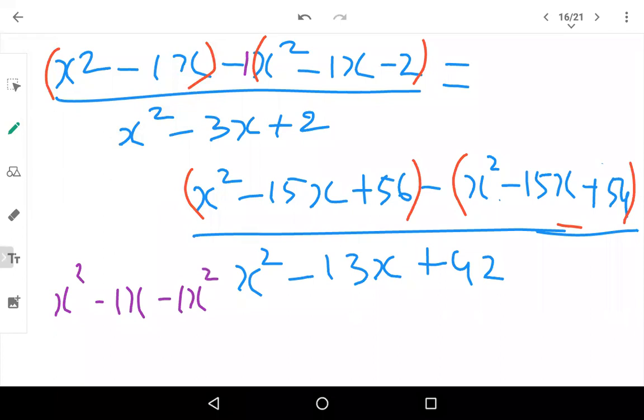Then minus 1 into minus 1x, minus into minus is plus, so I will have plus 1x. Minus 1 into minus 2, minus into minus is plus, 1 2s are 2. Understood the first removal of bracket?